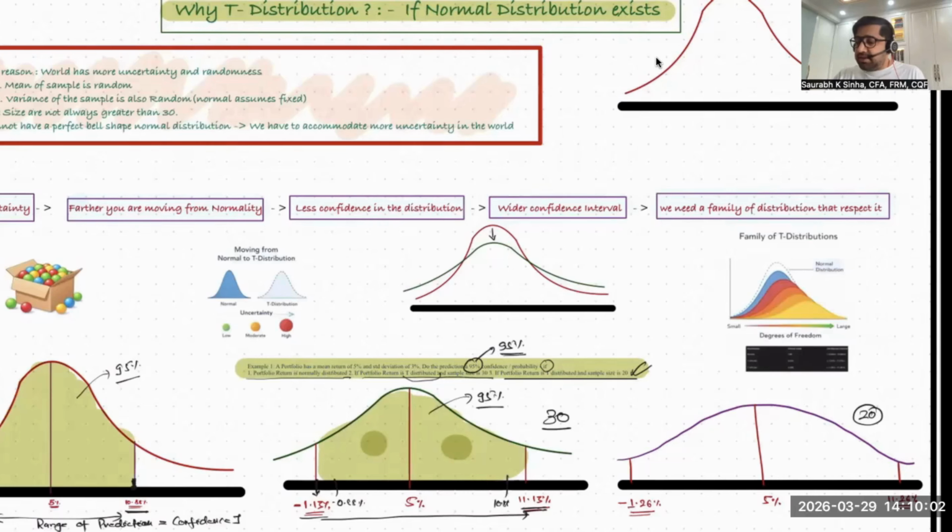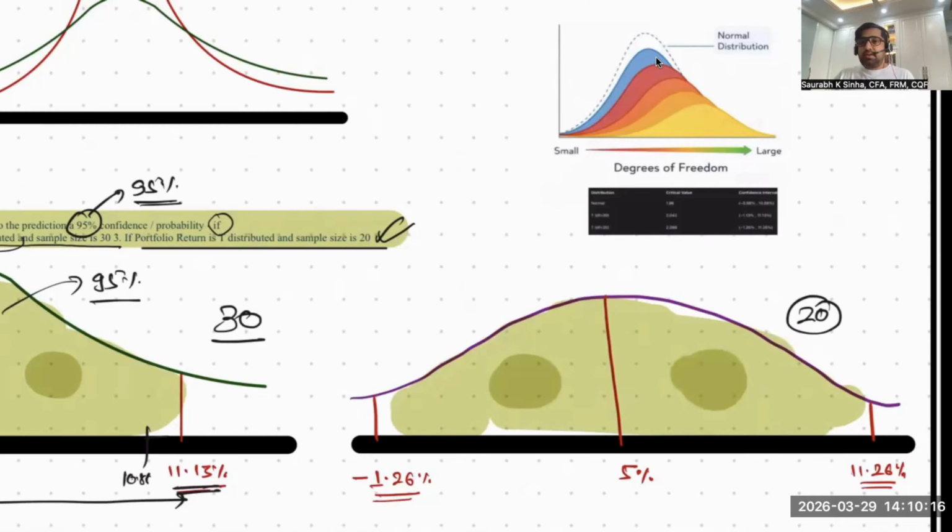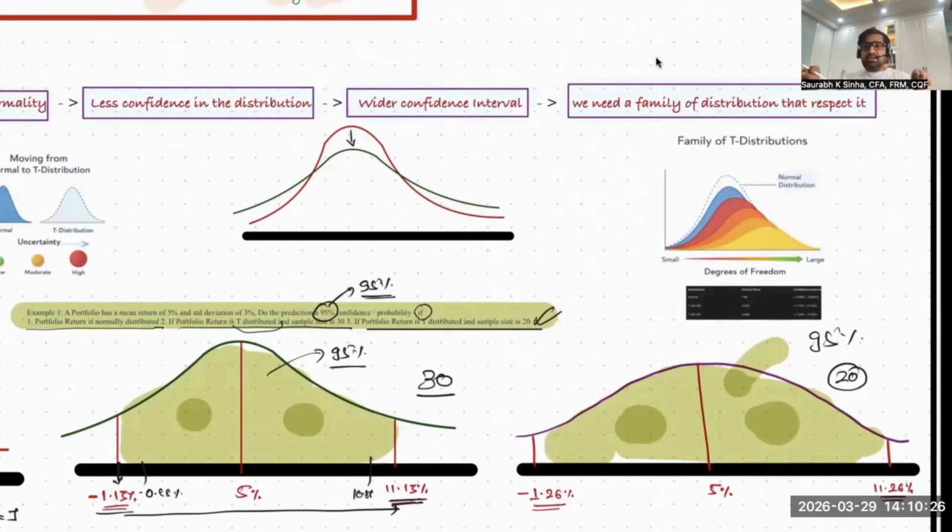If you try to cover 95% of the area, and you move symmetrically in both directions, this section would be 47.5%, this section would be 47.5%. And when you cover the 95% of the area, see, it's further stretched.